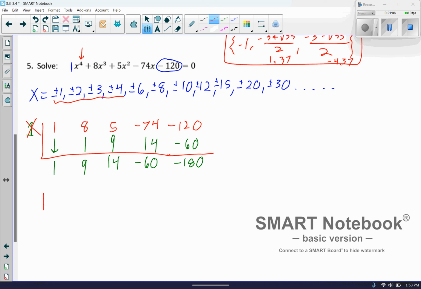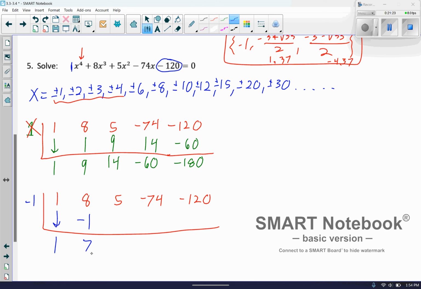So let's try negative 1. So let's see, 1, 8, 5, negative 74, and negative 120. Let's try negative 1, so drop the first one. 1 times negative 1 is negative 1. This will add to 7. 7 times negative 1 is negative 7. That will add to negative 2.